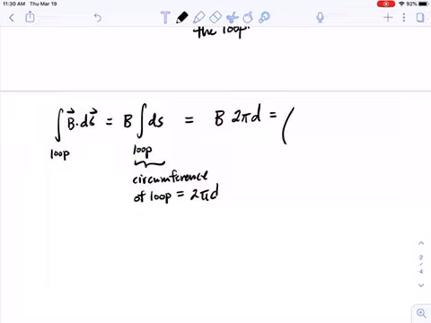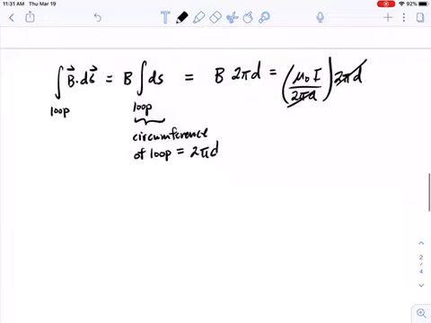So B is mu naught I over 2 pi d, and then we multiply by 2 pi d, and what we find is that for our loop, we get B dot ds is just equal to mu naught times the current.